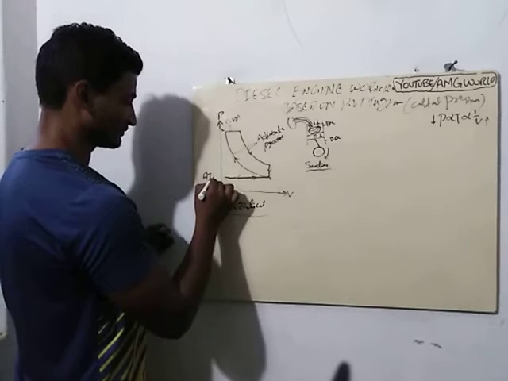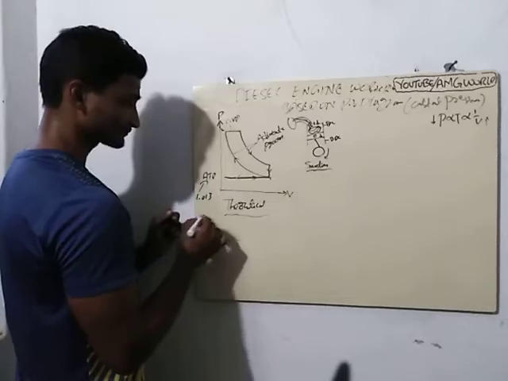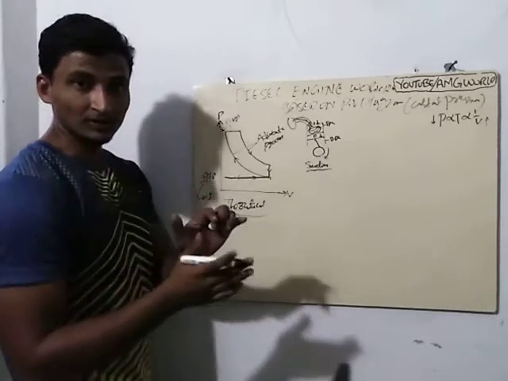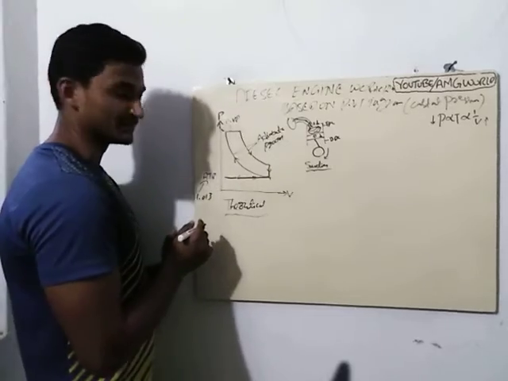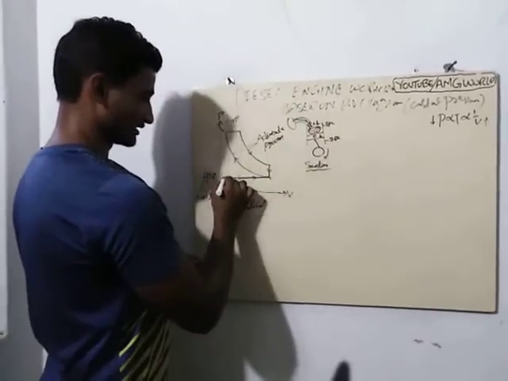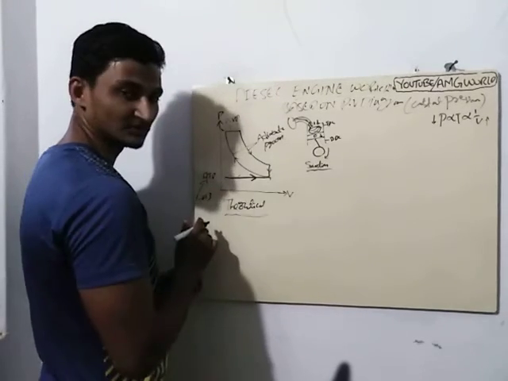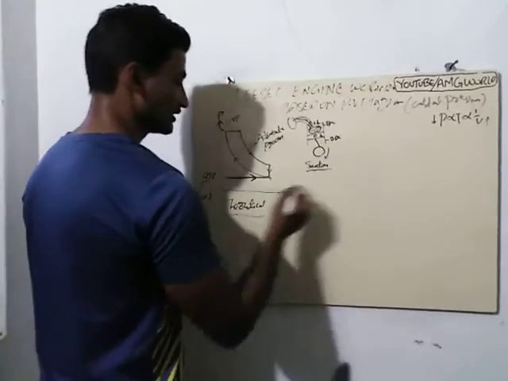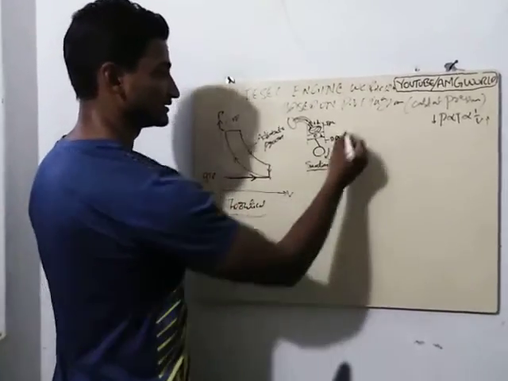Here I take ATP, which means atmospheric pressure, 1.013 bar. At this atmospheric pressure the air enters the engine cylinder in this suction stroke. Here comes the suction stroke, and the arrow mark is towards the cycle, which means the air is entering the engine cylinder.